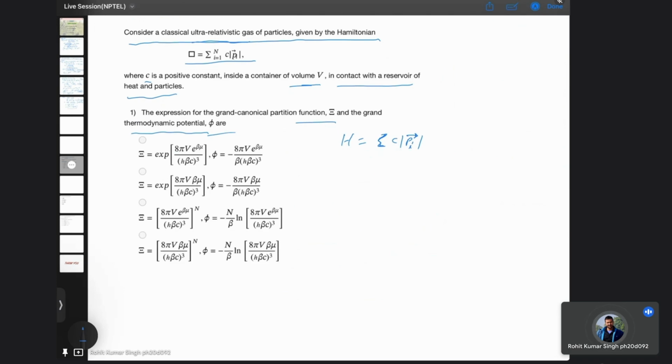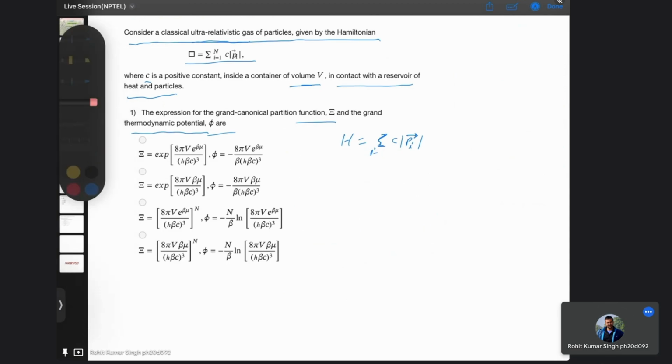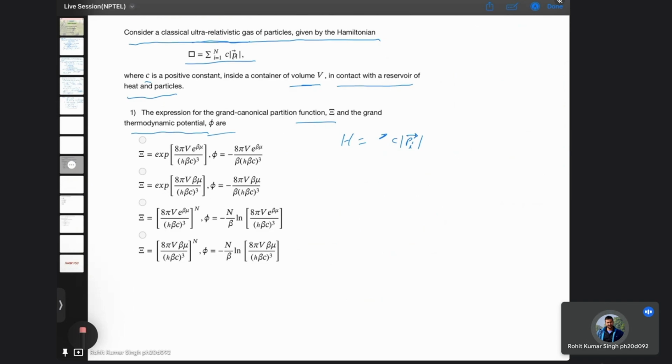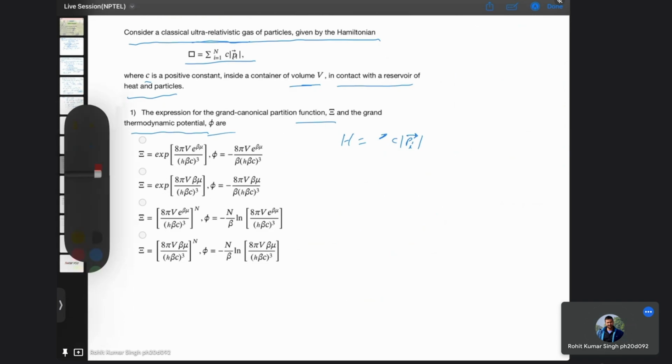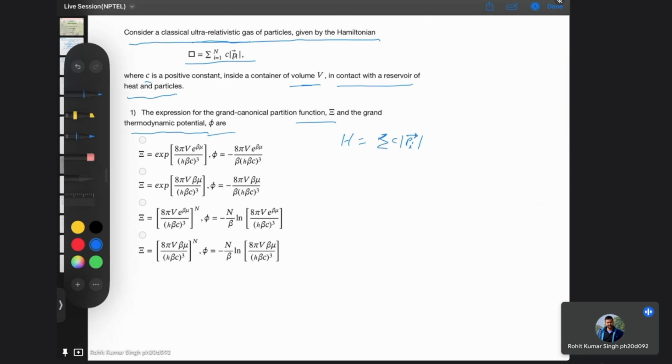And i goes from 1 to the total number of particles, so i is equal to 1 to N, right?